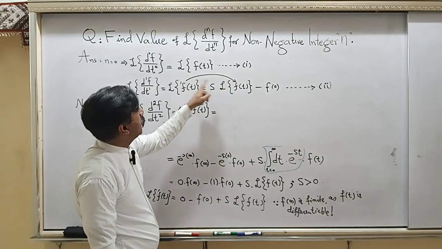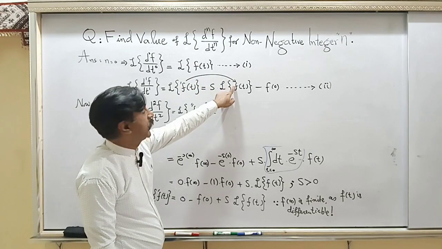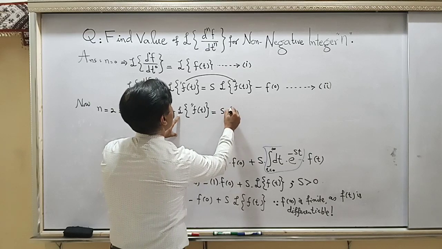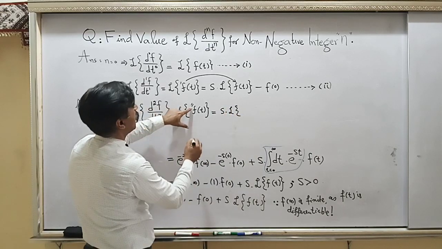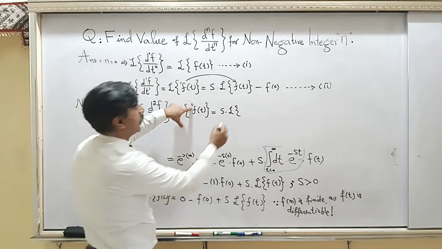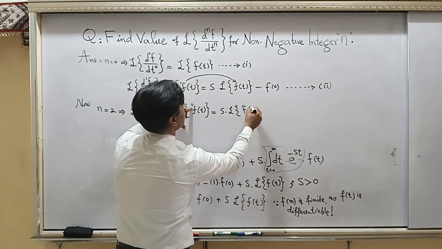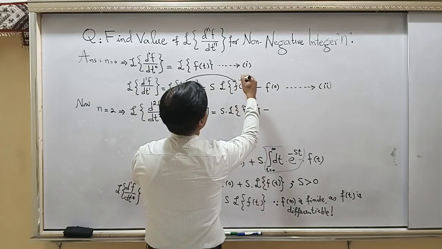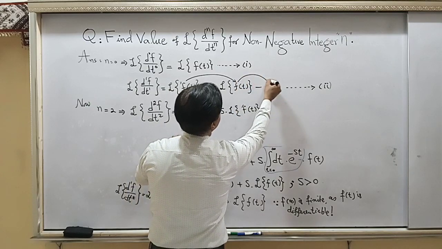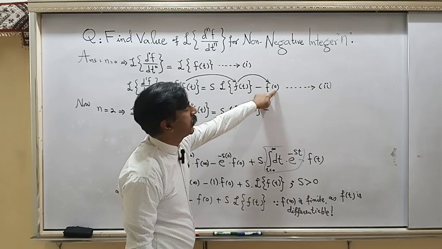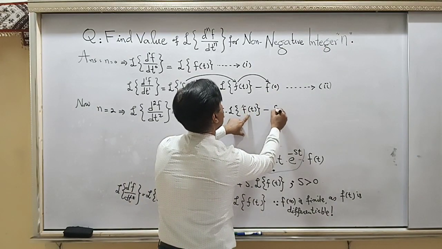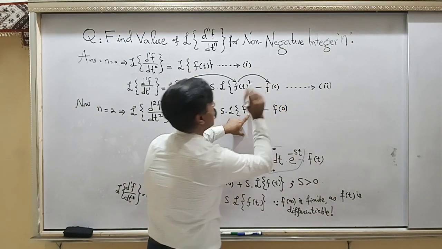So the order of the derivative is one less on this side. And there is s. Use this here. s into the Laplace transform of one order of derivative less. It will be f prime minus whatever you have here, that is here with t0. So whatever you have here, that will be here but with t0.